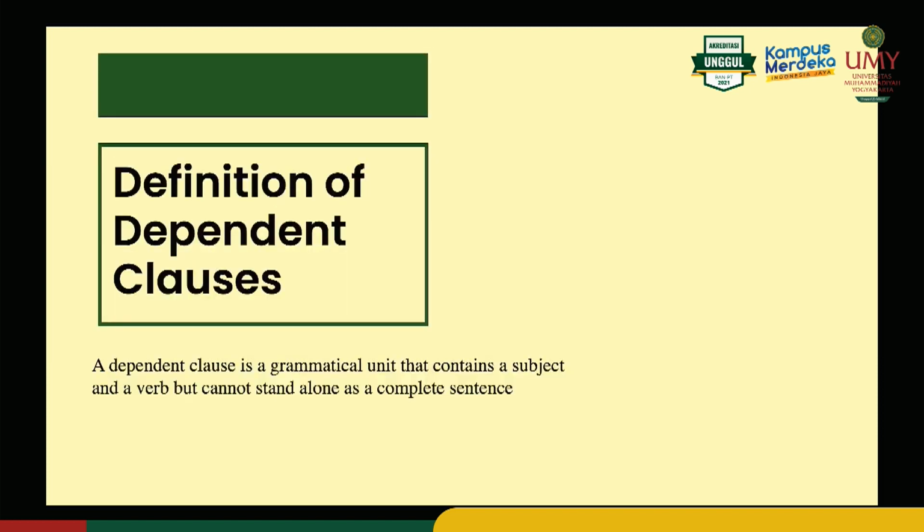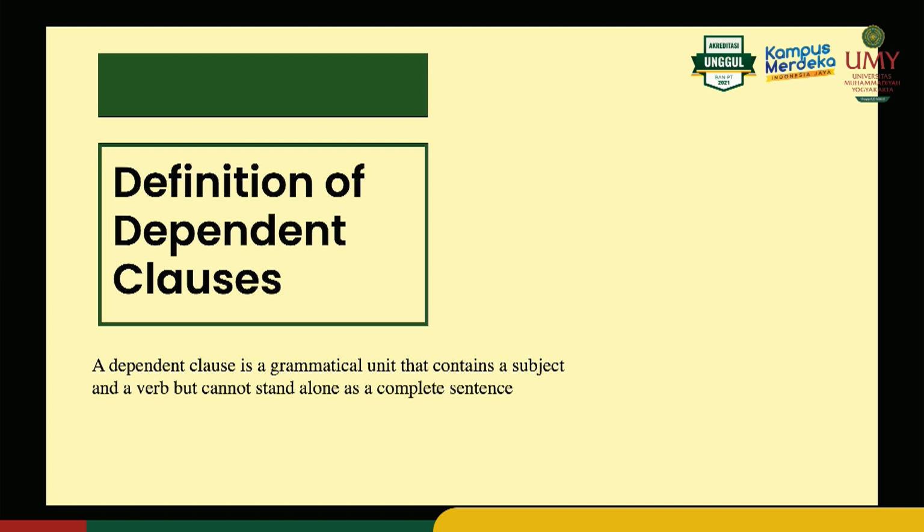First, what is the definition of dependent clauses? So a dependent clause is a grammatical unit that contains a subject and a verb, but cannot stand alone as a complete thought. Why can't it stand alone? Because it is always preceded by a connector.